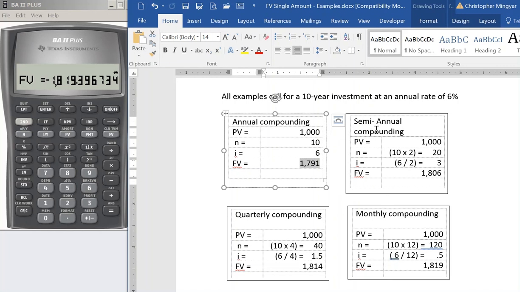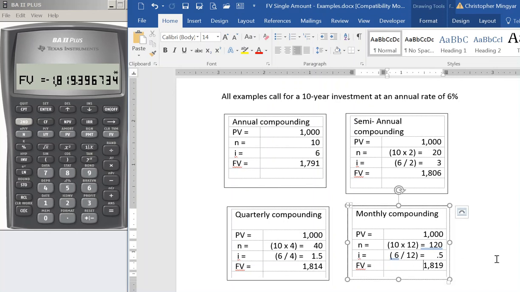With semi-annual, or every 6 months compounding, we got 1,806. If we compounded 4 times per year, we ended up with 1,814. And with monthly compounding, we ended up with 1,819.